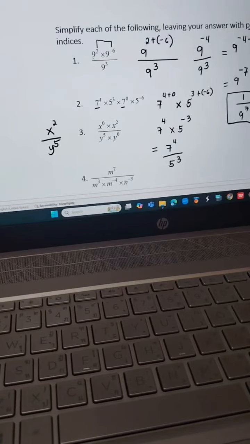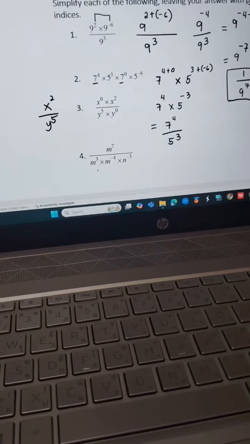Next, number 4. m raised to 7 all over m cubed times m raised to negative 4 times n raised to negative 3. So we are going to combine the exponents of this. We are going to add: m raised to 7 all over m raised to 3 plus negative 4 times n raised to negative 3. Okay?